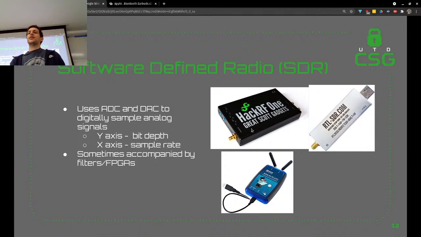A step up from that, I think the most well-supported one is the HackRF. That can do anything from 10 megahertz to 6 gigahertz, so that covers most devices you'd see. And it can do transmit, but not at the same time as it's receiving. And then there's just another one here, the Pluto.